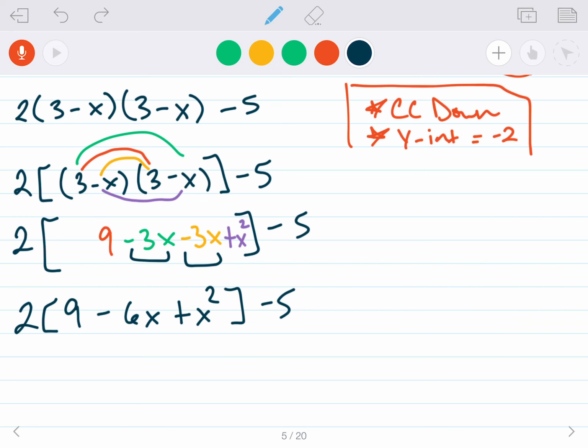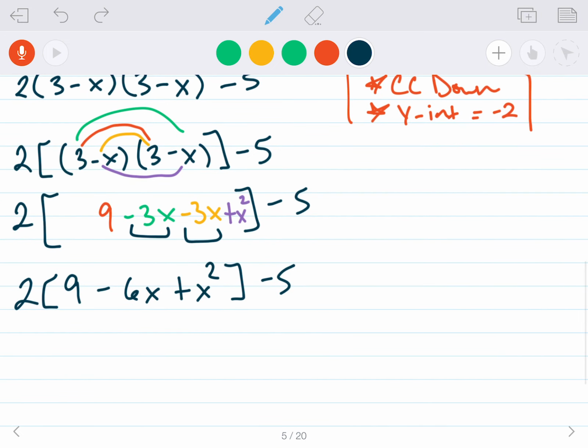All right, PEMDAS, order of operations, says we need to complete multiplication before that subtraction. The distributive property is like multiplication and addition combined. So we're going to multiply that 2 in there because that's what it's telling me to multiply 2 to each of these. So 2 times 9 is 18. 2 times negative 6x is negative 12x.